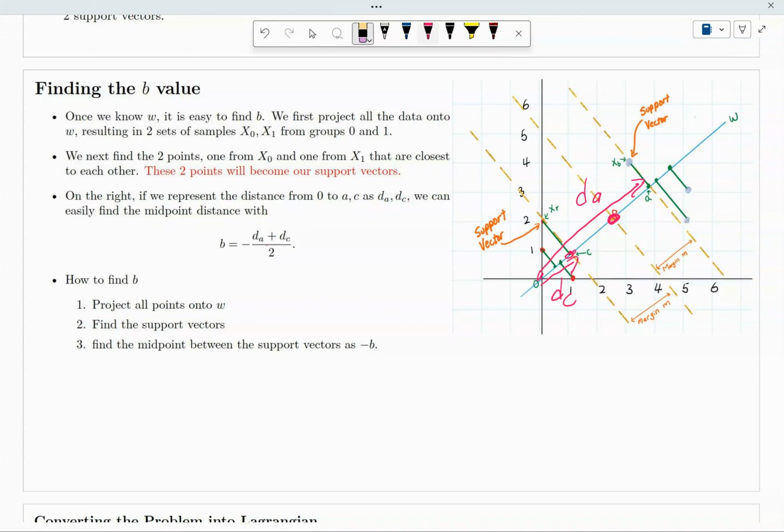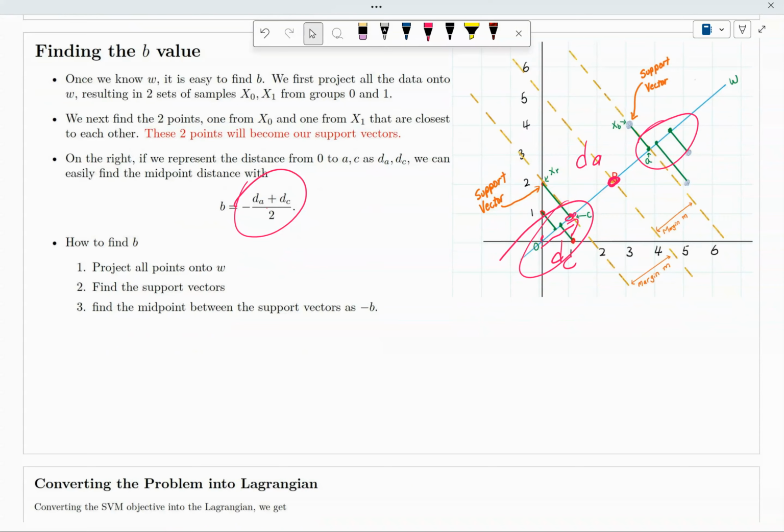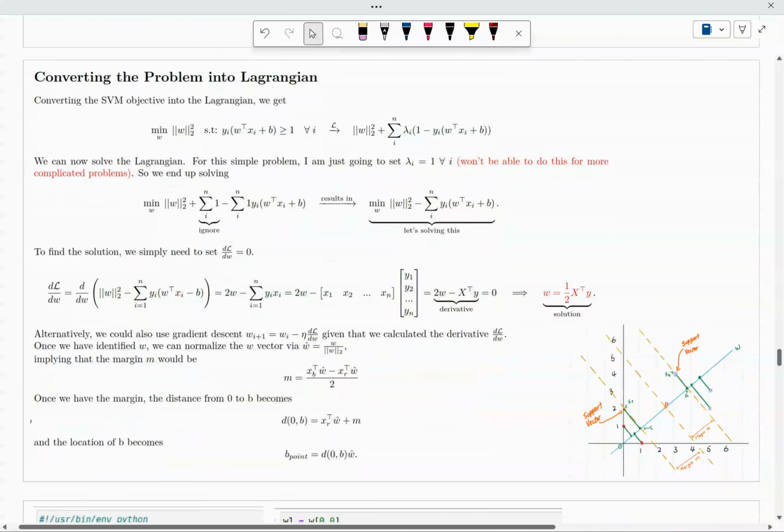And remember, we make it minus so that you can create a positive here and the negatives here. Okay, so that's how you find B.